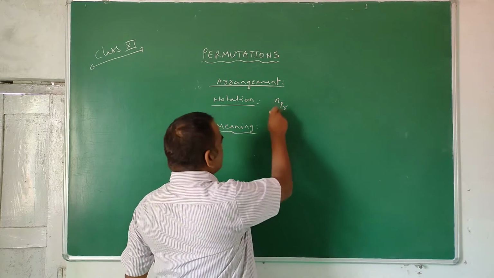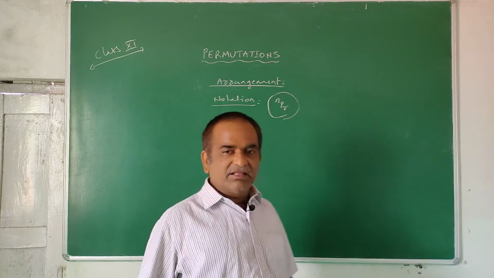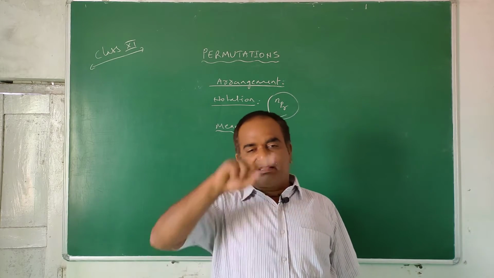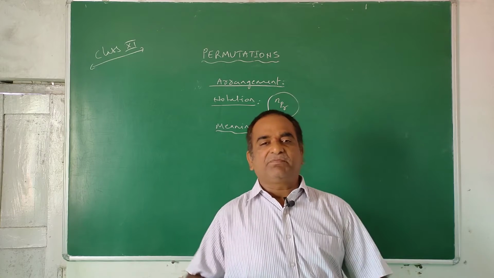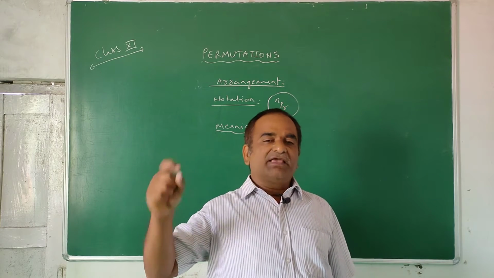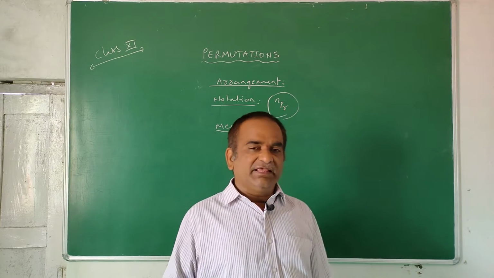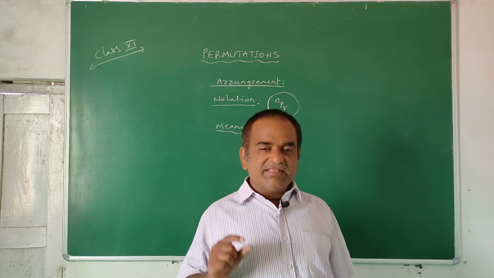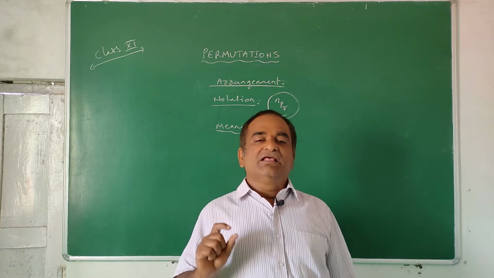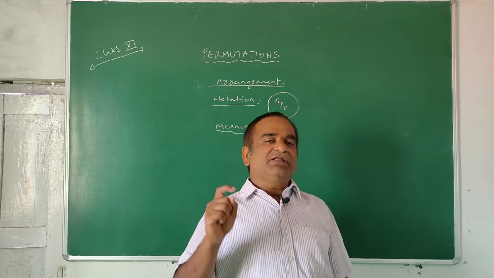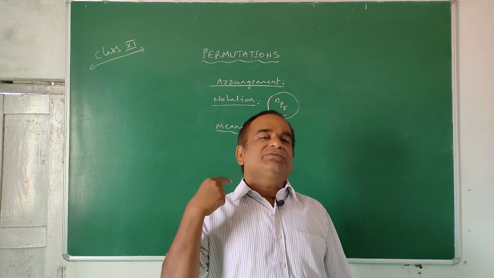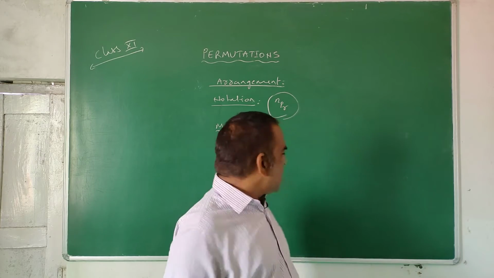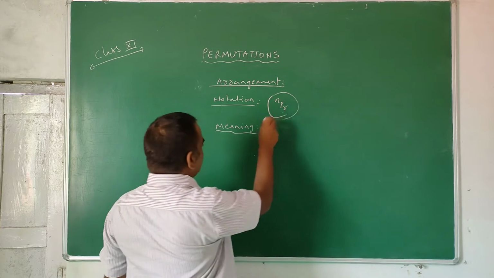Overall nPr means the total number of such permutations: from the given set of n dissimilar things, if you are using r things and making arrangements of r things, the number of such permutations is nPr. This is the meaning of the notation.